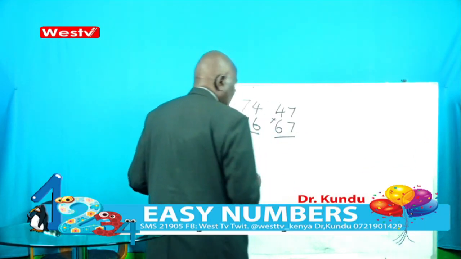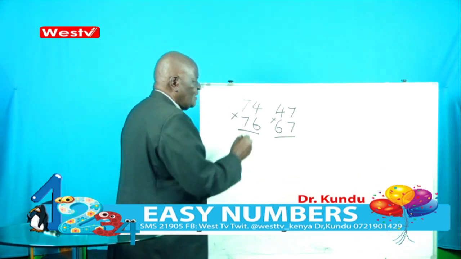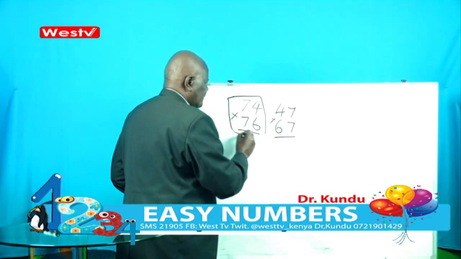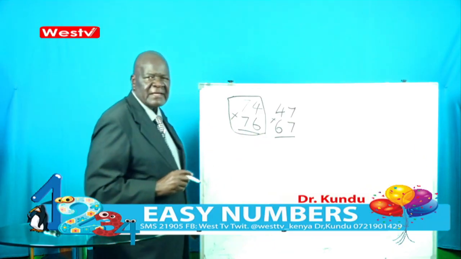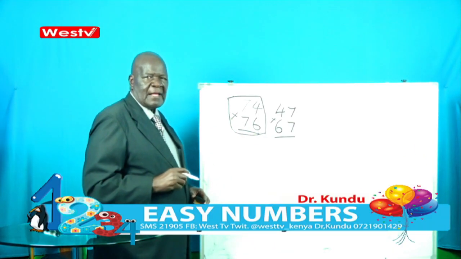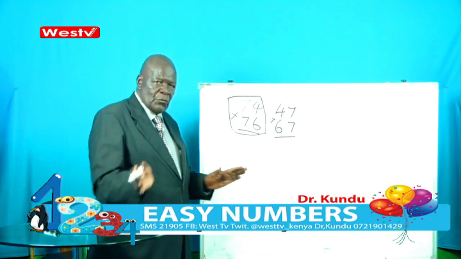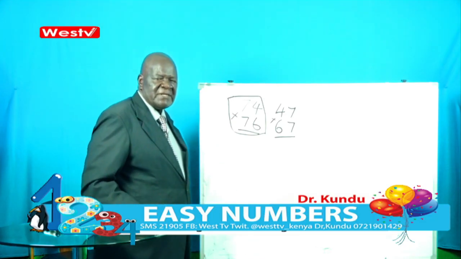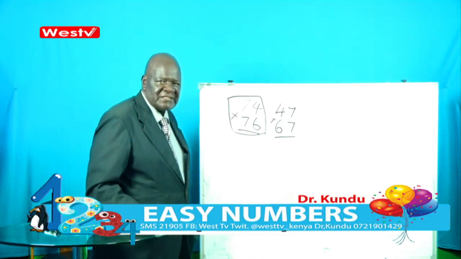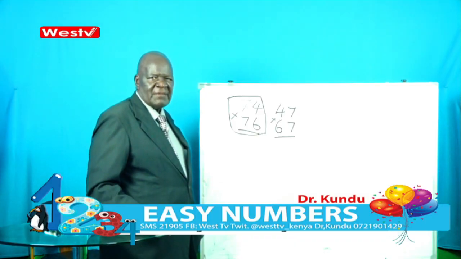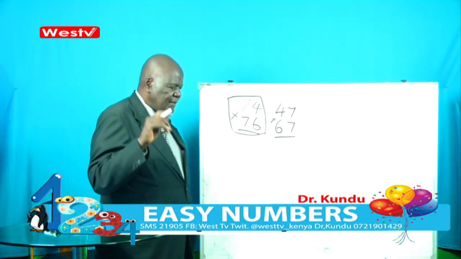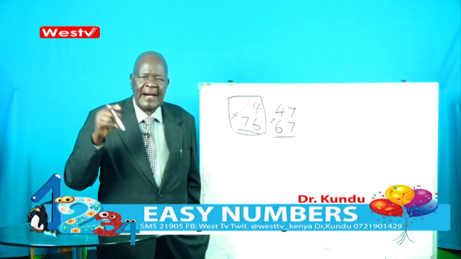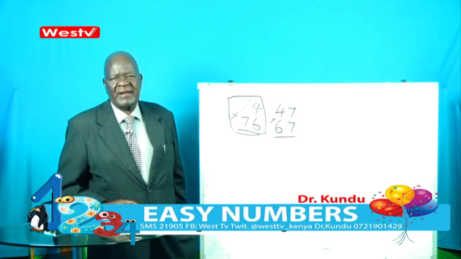And how would we call these numbers now? You see, this number here, I said, was left same, right adding to 10. However, when you flip it, then it becomes a completely different number, which is 47 times 67, and that number I now call numbers whose left add to 10 and the right is same.